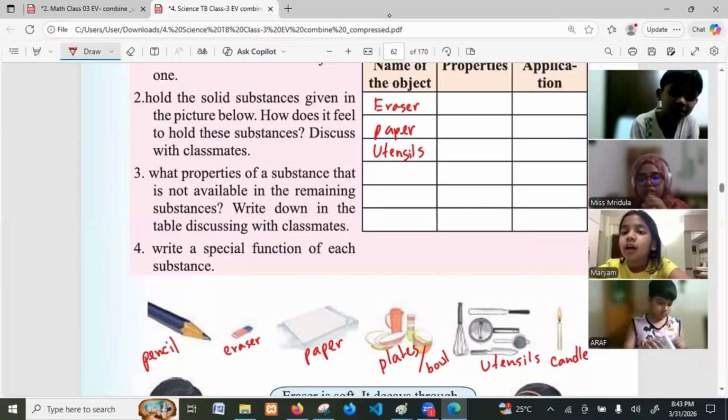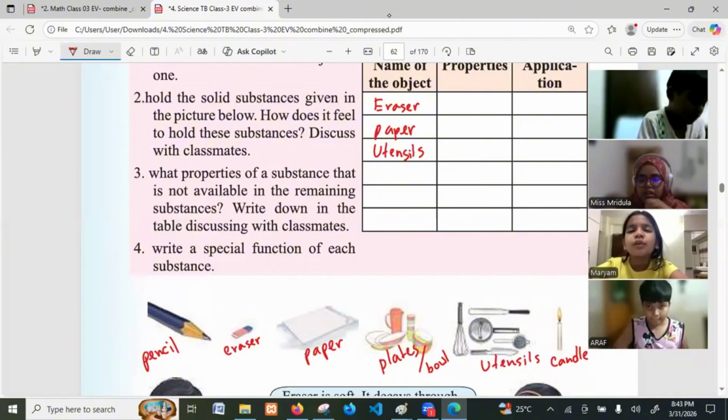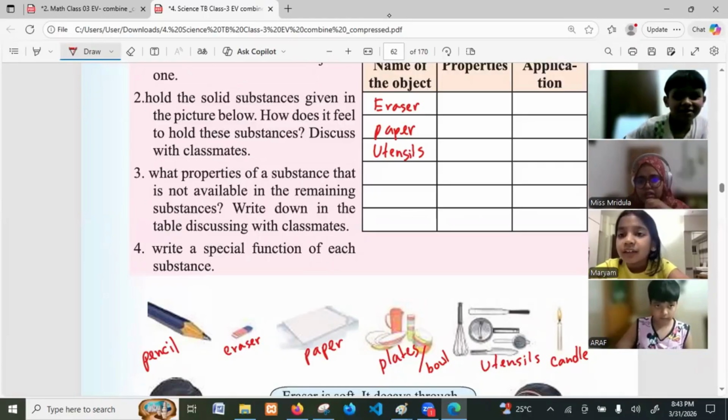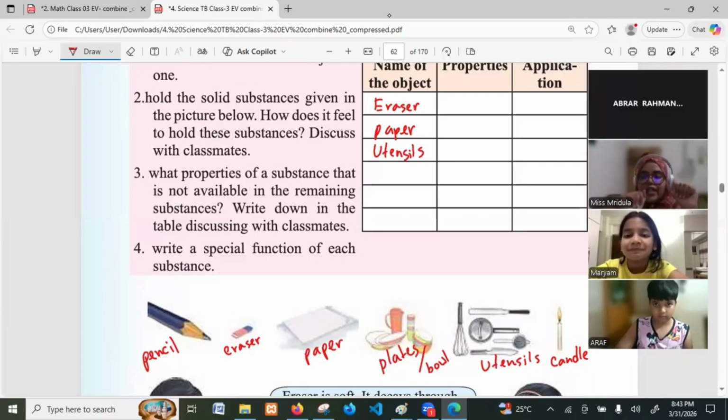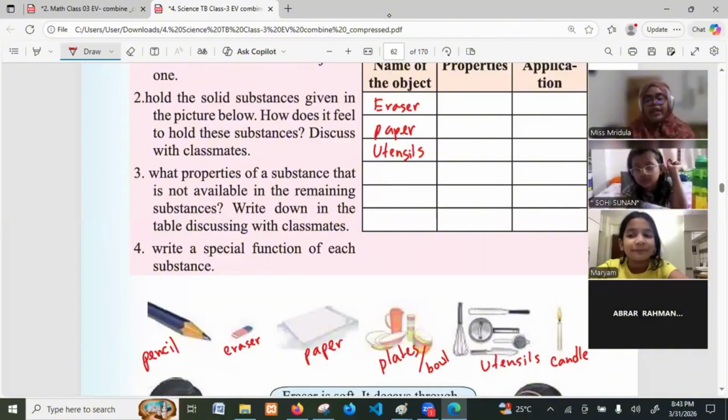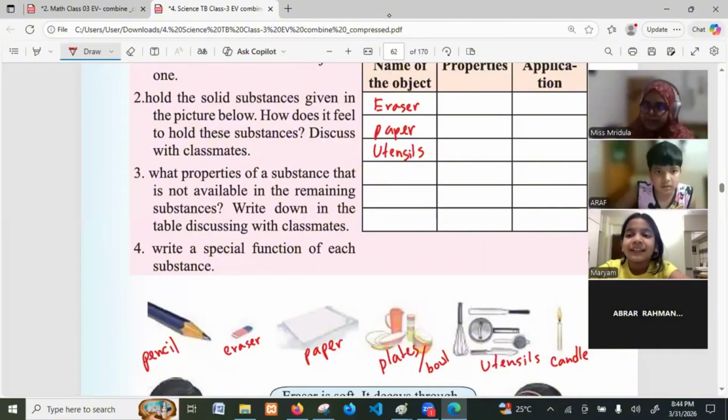What about the others? Mariam, can you hear me clearly? Yes, Miss. Miss, but why is Abrar's name Abrar Raihan? I don't know, there's a lot of names. The numbers are, I guess, the ID of the Zoom that he is using. Okay, so that's it.